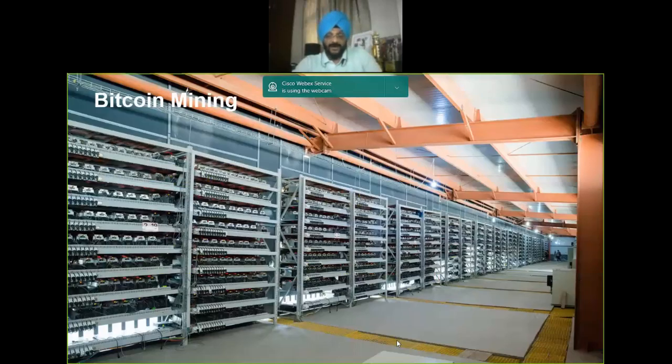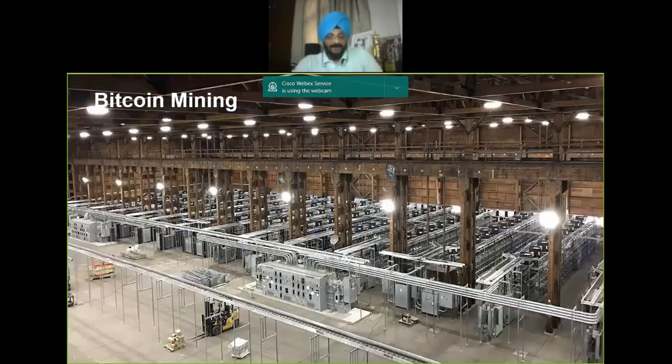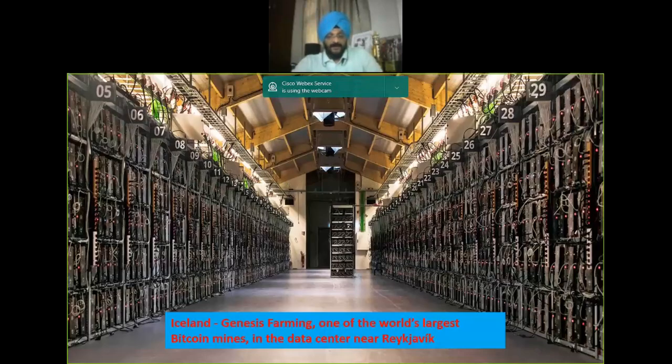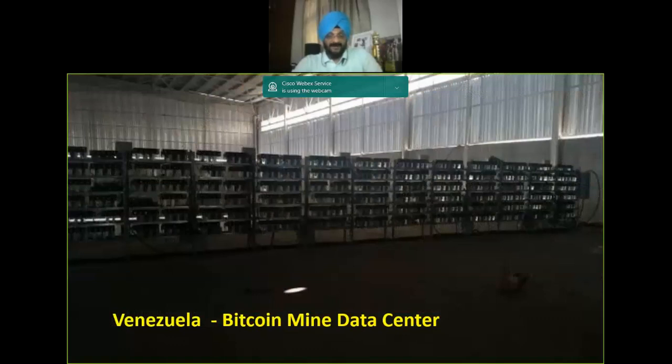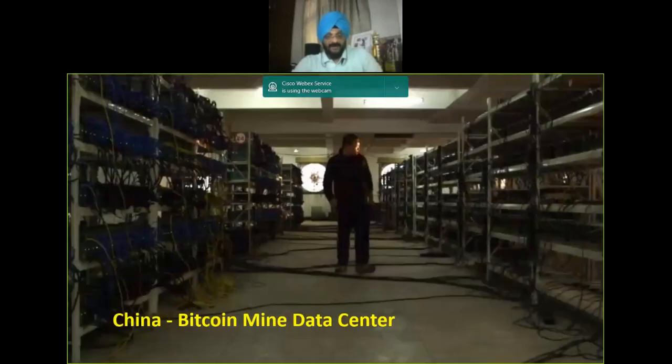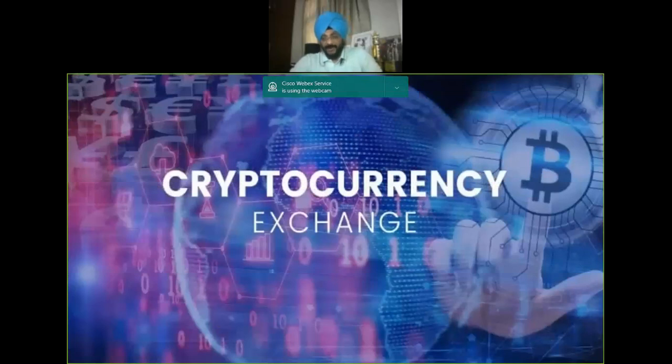This is another Bitcoin mining data center, somewhere in Iceland, and this is Venezuela. So just imagine this is all happening. This is again China, and they're very secretive about it. They don't let anybody in to see how they mine.